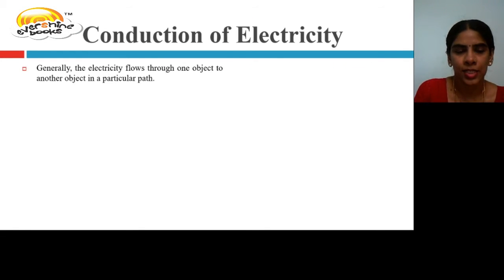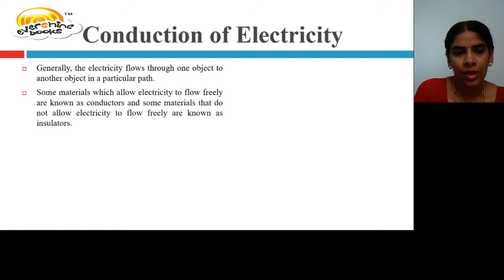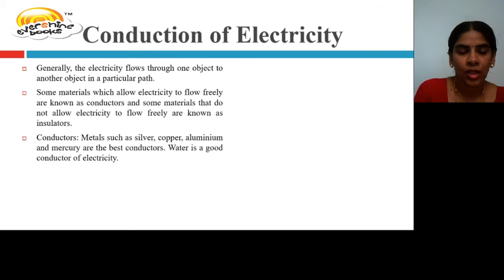Conduction of electricity. Generally, electricity flows from one object to another in a particular path. Some materials which allow electricity to flow freely are known as conductors. Some materials which do not allow electricity to flow freely are known as insulators.